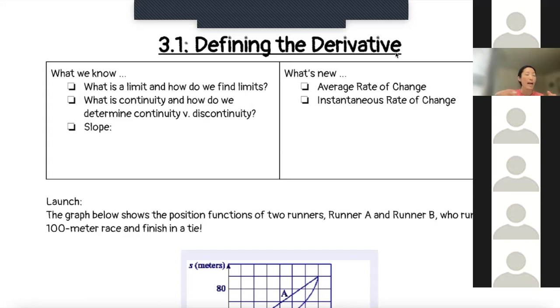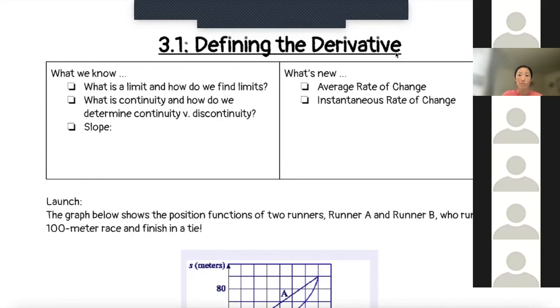Okay, so the idea of what is a limit and how do we find limits, this first bullet point right here. All of that decision making that you're practicing, we're going to continue to have to make similar decisions throughout the course where we're saying now it's what is a derivative and how do we find different derivatives, okay?